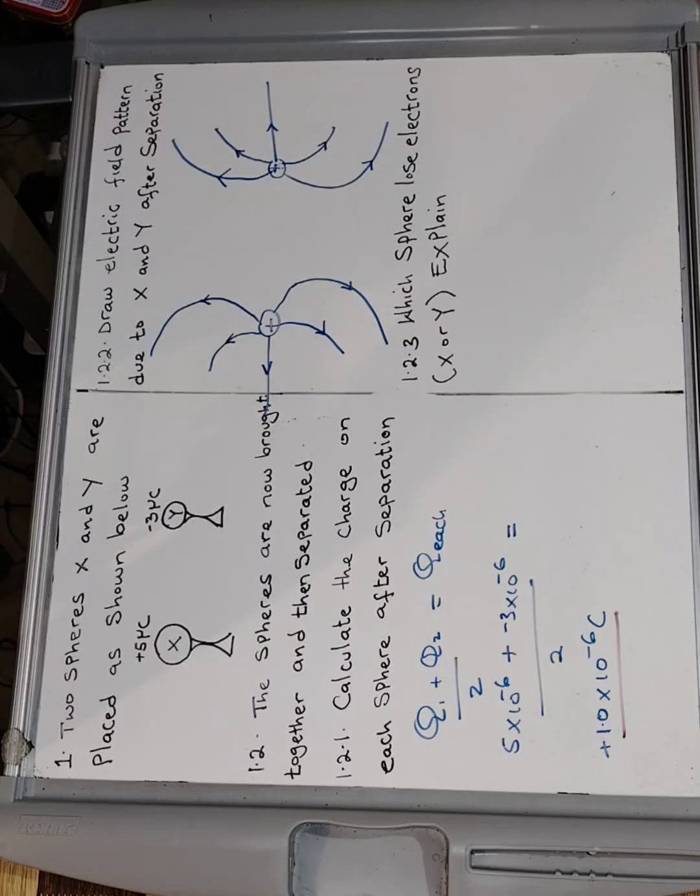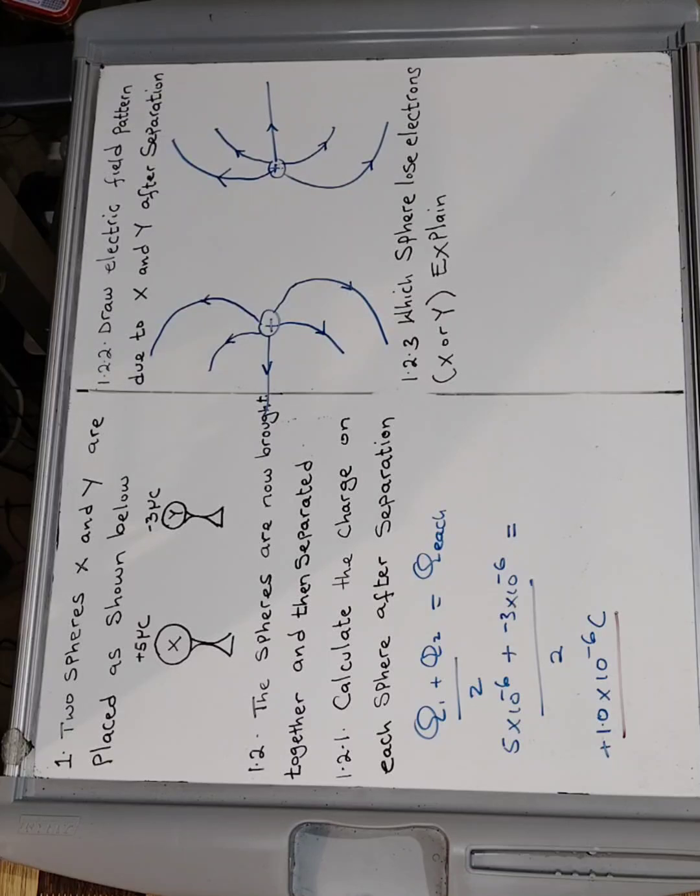Then what does negative mean? Negative means excess of electrons. How do you create negative? By adding electrons to the neutral sphere. So now you have to know that electrons move from a region of high concentration to a region of low concentration.